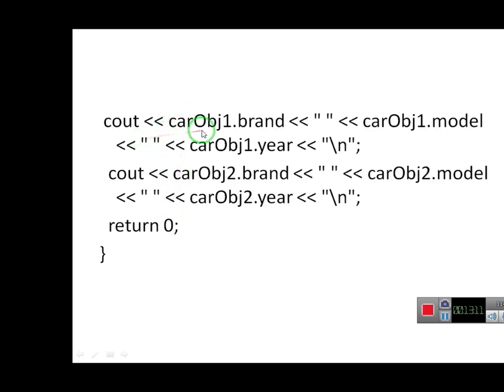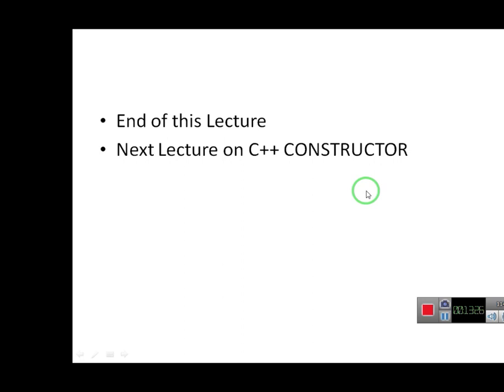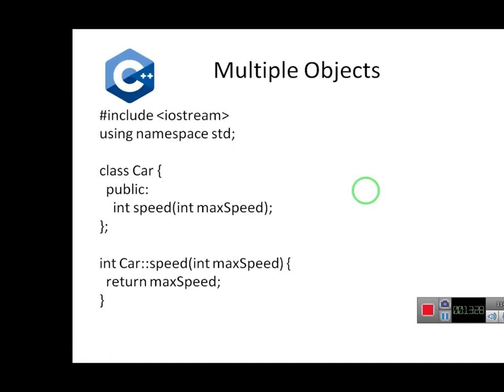Car object one brand, in the cout car object one year, car object two brand, and car object two year. Here car object one model also, and two model also. If you want to run this program, you can run it. We have just added the parameters and given those parameters.